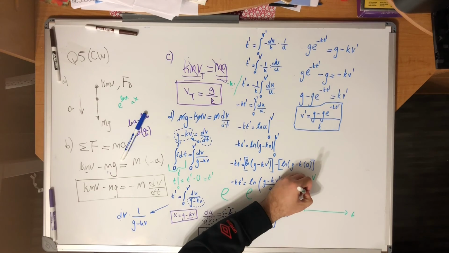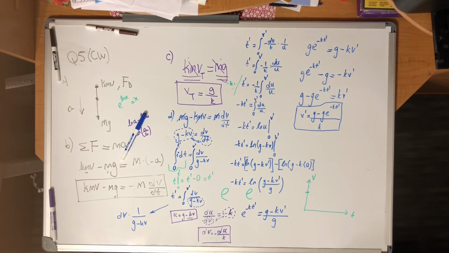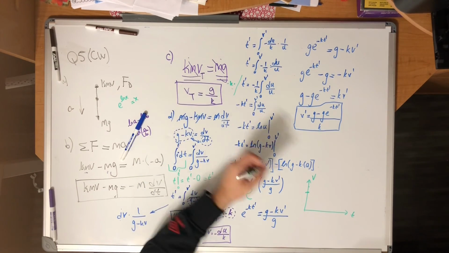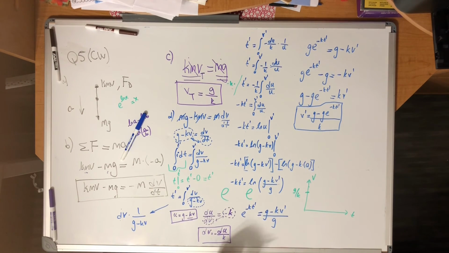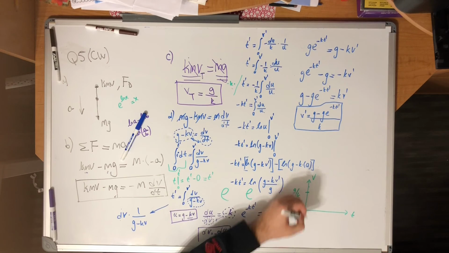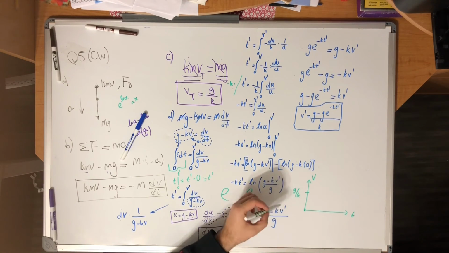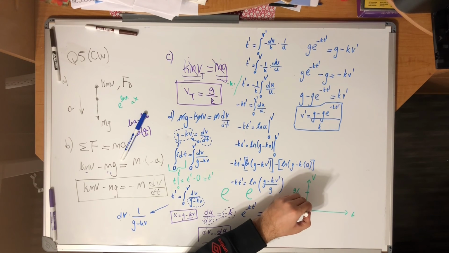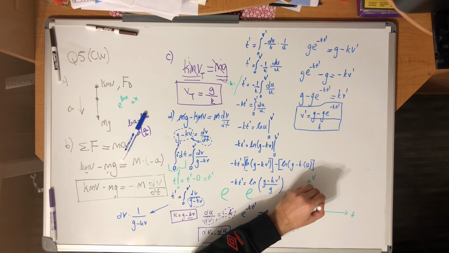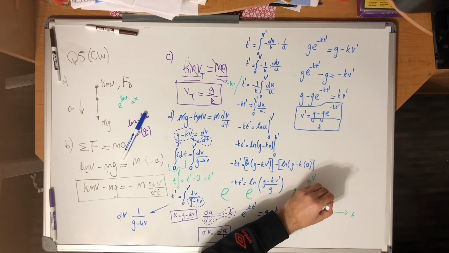So they want you to specify this vt, and remember we found vt as g over k. So what's going to happen? First, you are starting with a 0 velocity when time is equal to 0. And first, you are speeding up. But as you speed up, what's happening? Your drag force is also increasing.